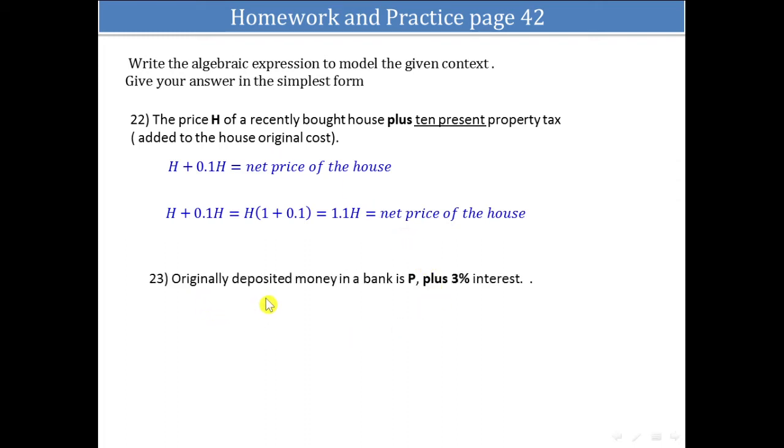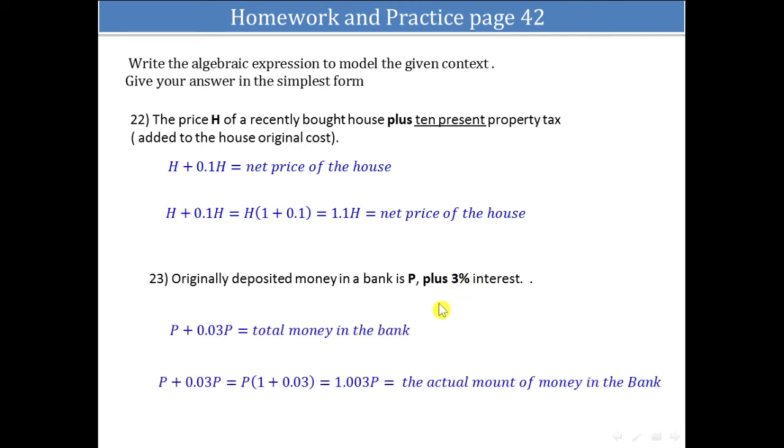Also, originally deposited money in a bank plus 3%. The actors are money, P, money in the bank, and 3% interest. This is something good, because you put money in the bank and you get interest added to your money. You're getting more money in your bank, but of course depending on how much money you put in the bank.